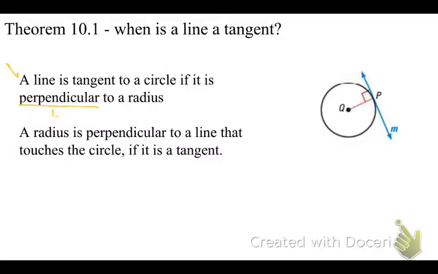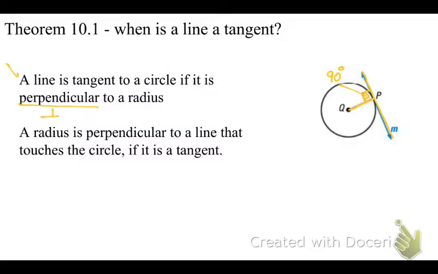So here's my line. Here's a radius. It goes from the center to the edge of the circle. And what this theorem tells us is that this angle right here is a right angle, so it's 90 degrees. That's going to turn out to be very powerful.